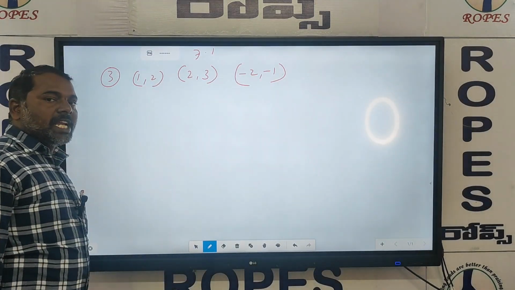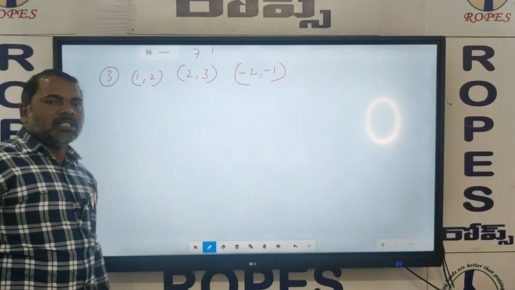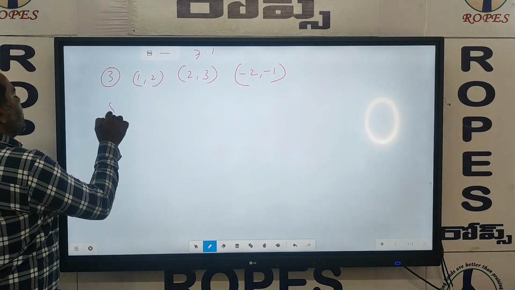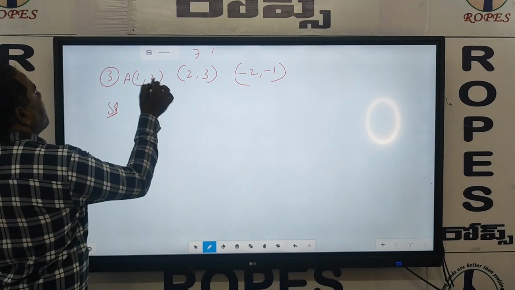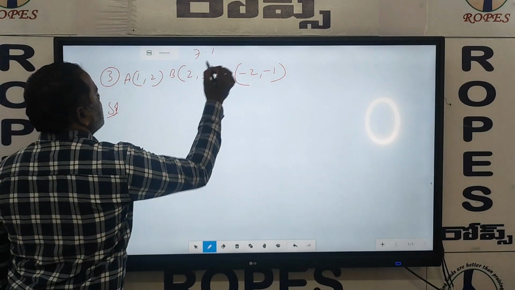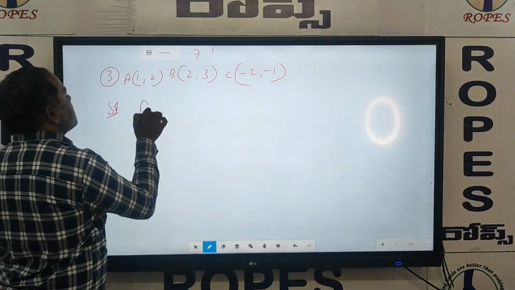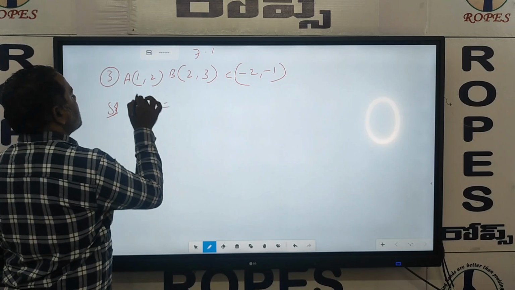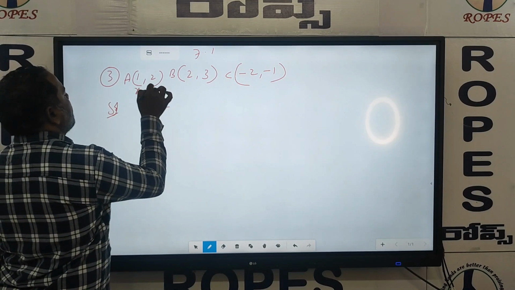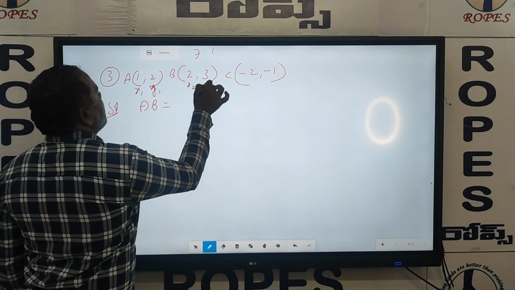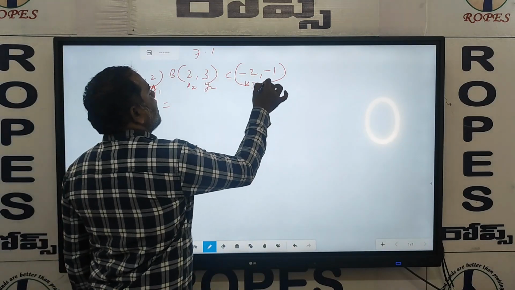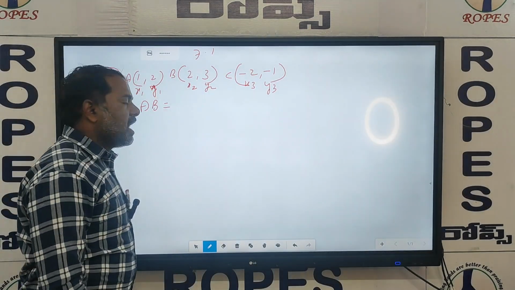They are asking us to check whether these 3 points are collinear or not. Let us take these as points A, B, C. First we have to find the AB distance. Let us take these as x1, y1, x2, y2, x3, y3.